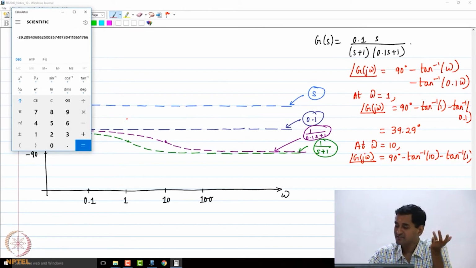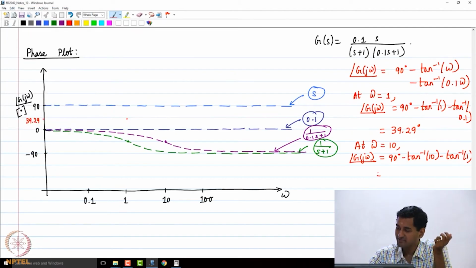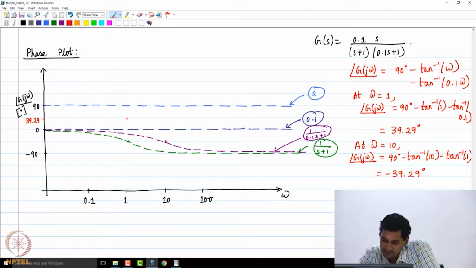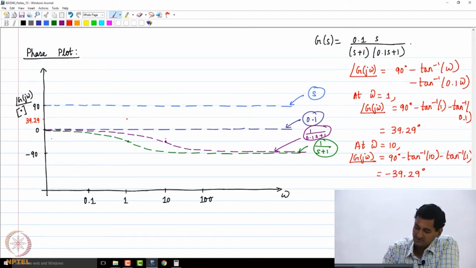So I am going to get essentially the negative of the same number, minus 39.29 degrees, that is what I am going to get, right. So at 10, I am going to have something like this, minus 39.29.